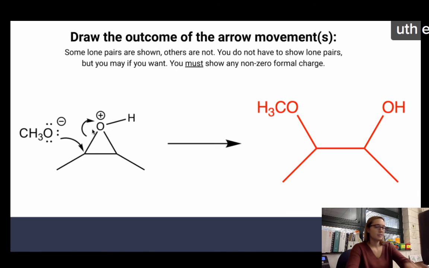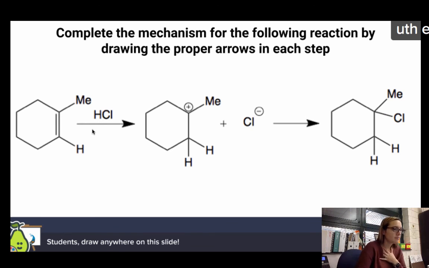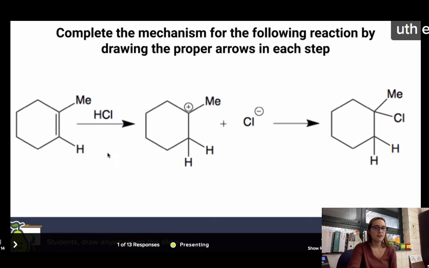Okay, so here's the last one. So now it says complete the mechanism by drawing the proper arrows in each step. So here's a little hint. This first step here, you're going to have 2 arrows.